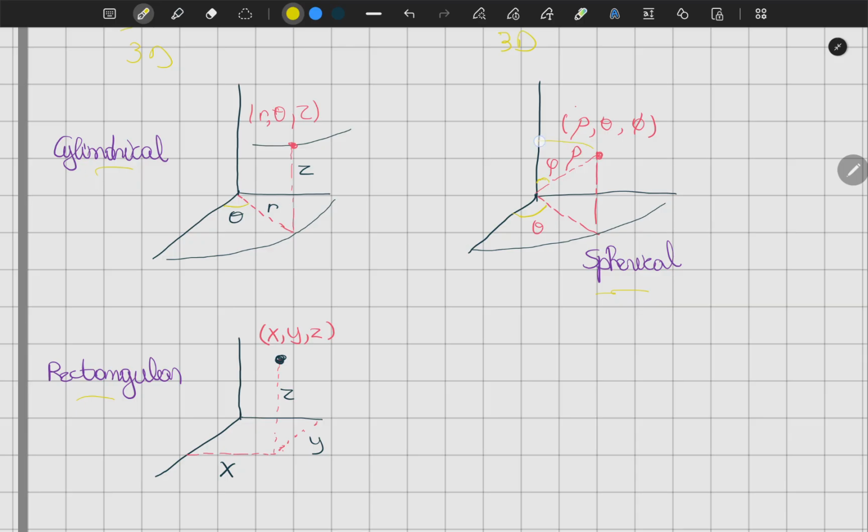So you can see, that's spherical, and then cylindrical is something like this. We got the cylindrical here, and then rectangular, it would be just square or rectangular or something like that. Okay, there you have it.